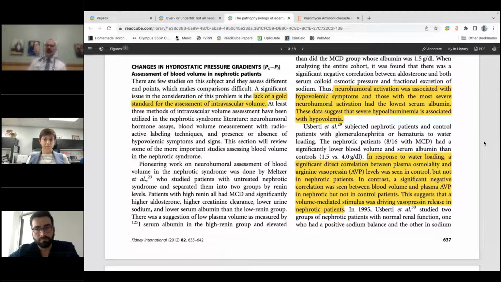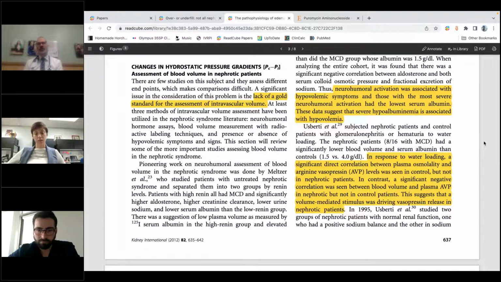Further studies looked at the ability of these kidneys to respond to antidiuretic hormone, arginine vasopressin in this example, and showed that there was a volume-mediated stimulus driving the release of ADH in nephrotic patients, and they had a slightly different regulation and response to ADH than patients who were not nephrotic.